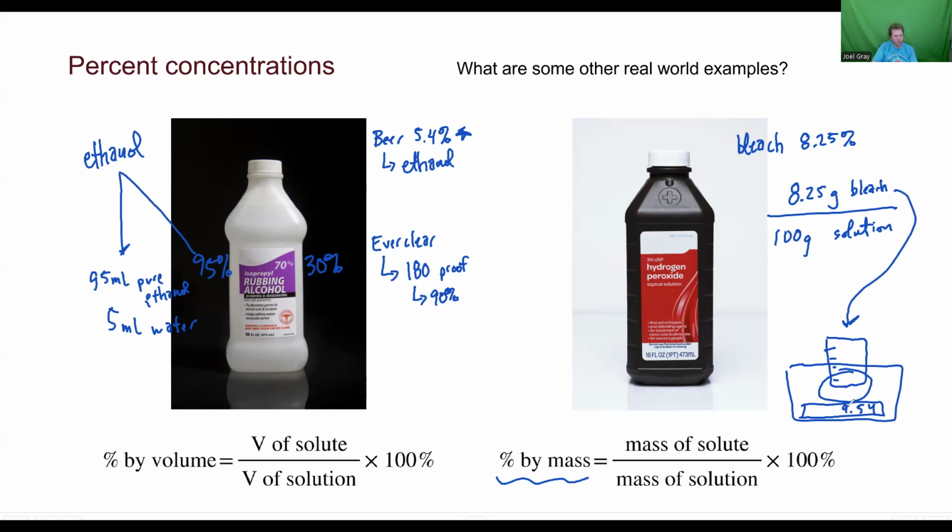Then what you're going to do is add water, and I say water because it's the universal solvent. You're going to add water until the digital balance reads 100.00. When it reads 100, then you have reached your complete solution.